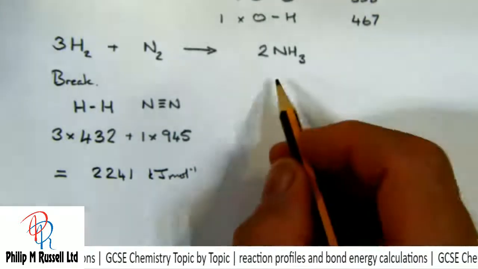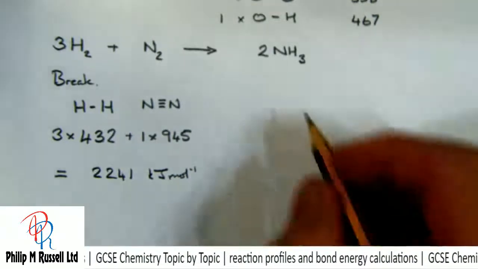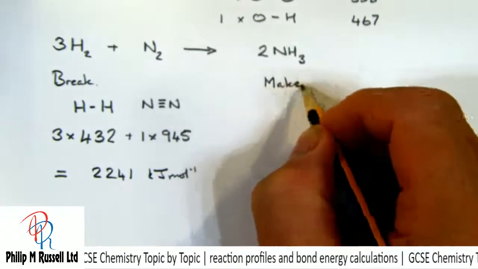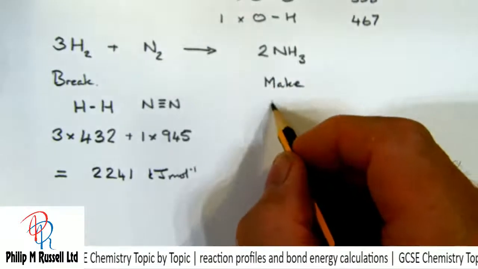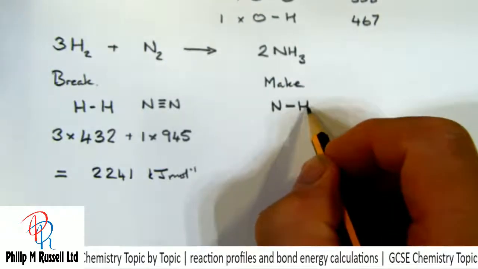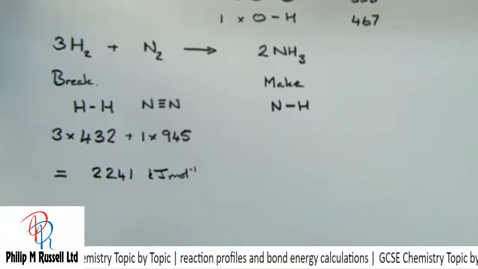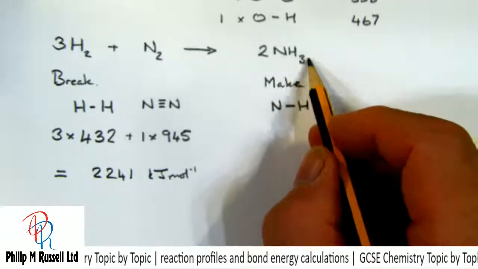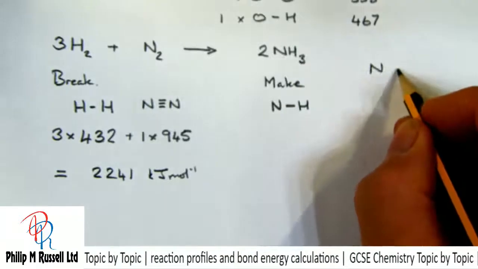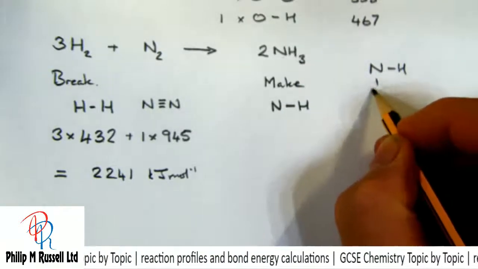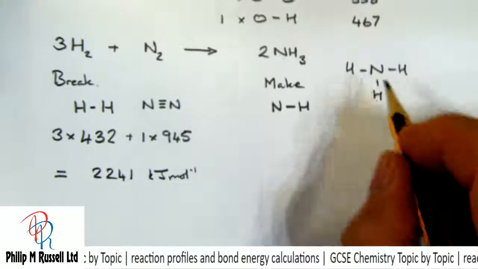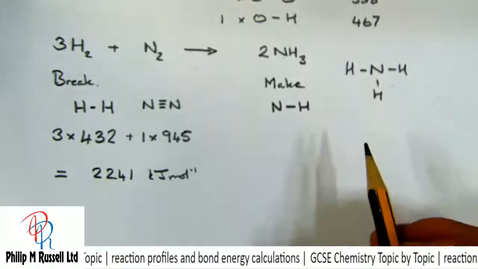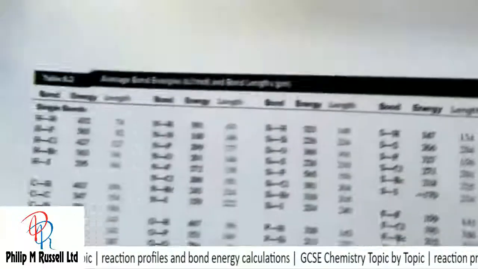Now, let's see what we're going to get out. Well, the bonds that we're now going to make are NH bonds. For ammonia, there are 1, 2, 3 of those. Let's just give you an idea that this is what ammonia looks like. So we've got our 3 NH bonds.